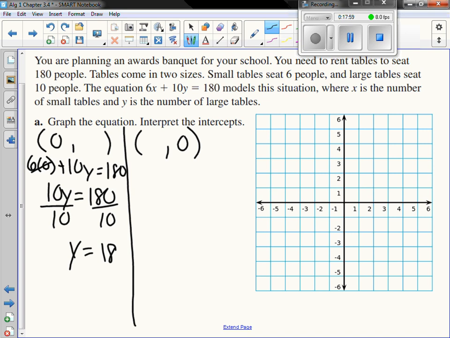Because anytime we divide by 10, really we're taking the decimal and moving it back one place. Same thing with multiplying by 10, we just move the decimal over 1.